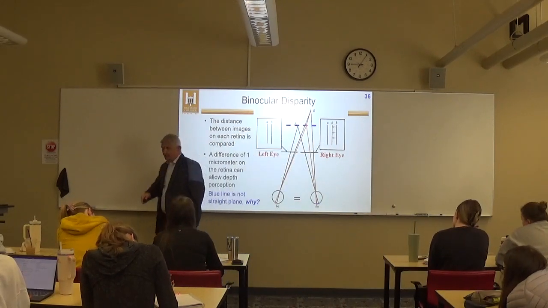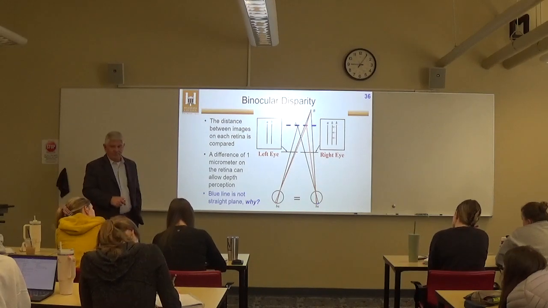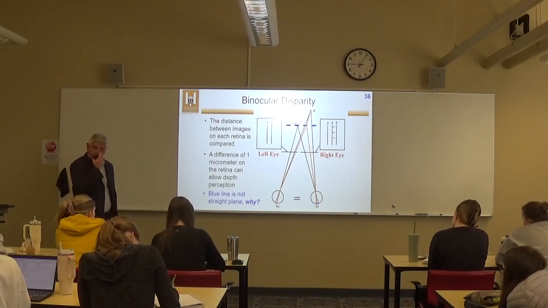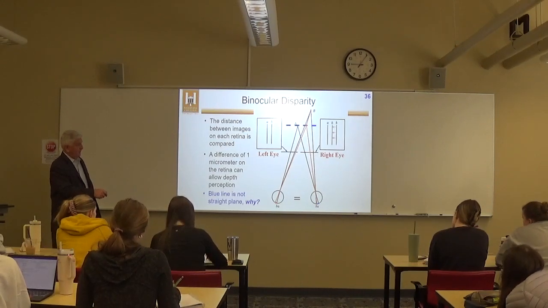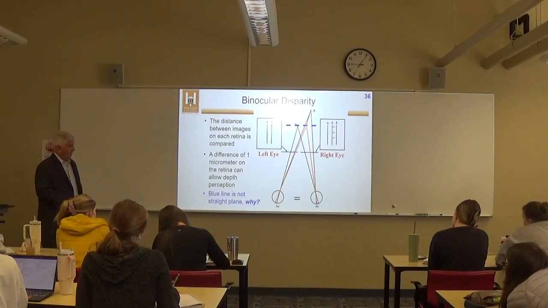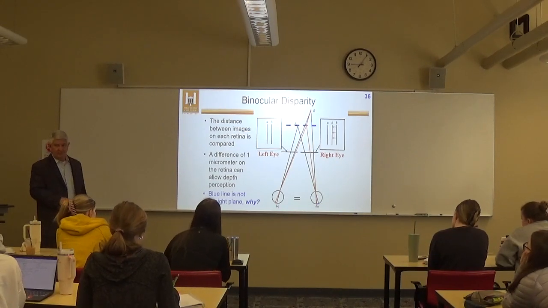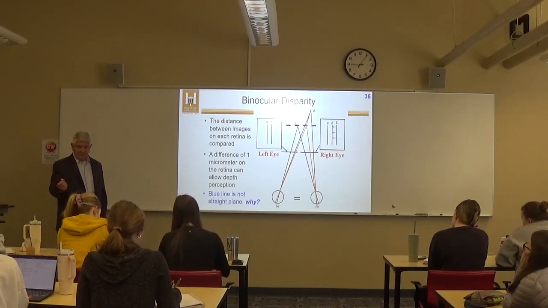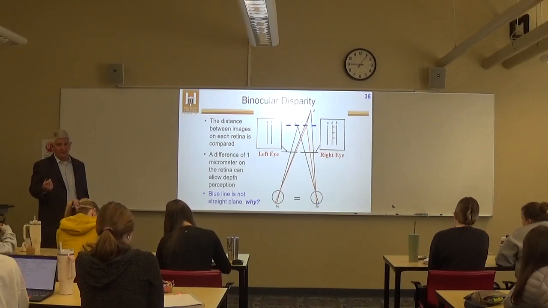The blue line here is not a straight plane. Why? Actually, this blue line is not a straight line. Are these lines straight down here, or are they curved? Curved, why? Because your retina is curved.